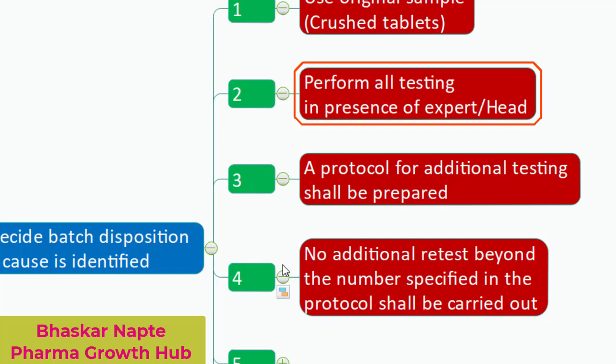And I understand that there could be a possibility that if I test the product one more time, the result will meet the spec. Can I do that? Clearly no. If the number of preparations is clearly defined, no one can deviate from that number. So you need to follow the exact protocol.